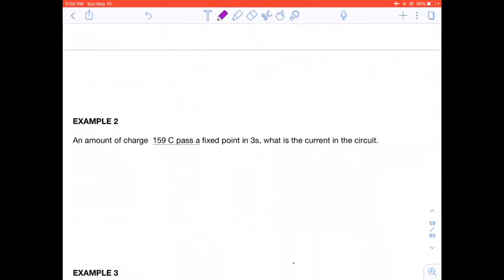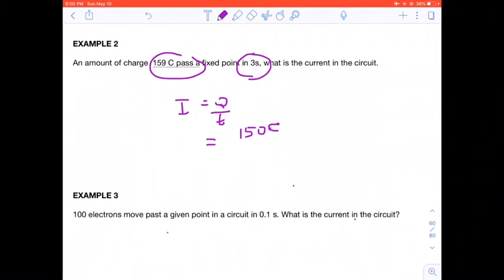And here, the amount of charge that passes a fixed point in 3 seconds, right? What is the current? So I is equal to Q upon T, which is equal to 150 coulombs divided by the time that it takes to move through, right, 3 seconds.